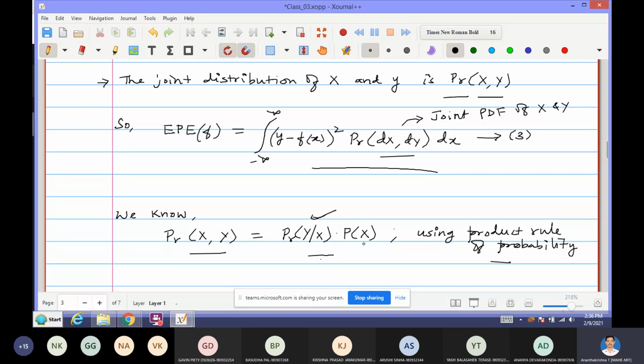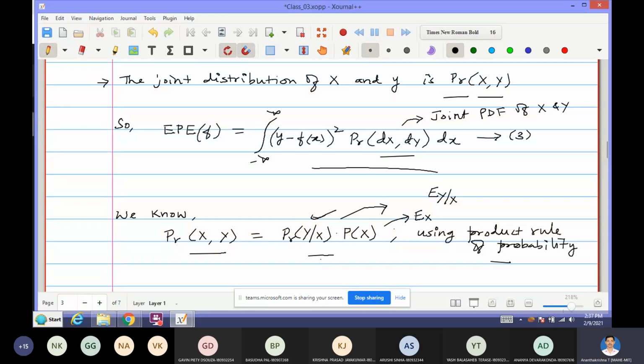So therefore this itself can be divided into two parts. One is a conditional, one is simple probability, and then we can express EPE in terms of the product of two expectations. One is expectation of y given x, that's coming due to this. Another, due to this, is expectation of x.